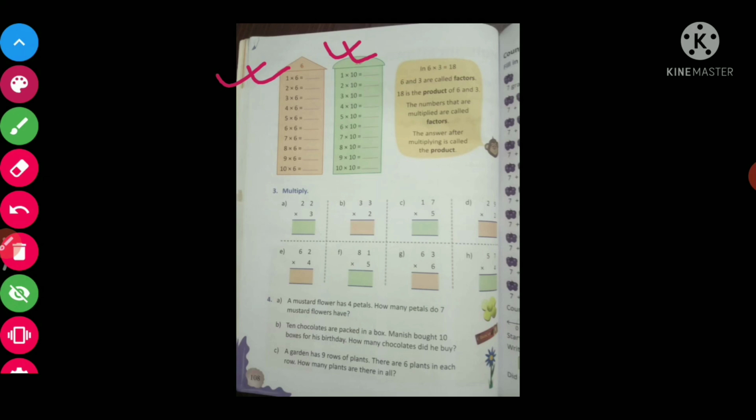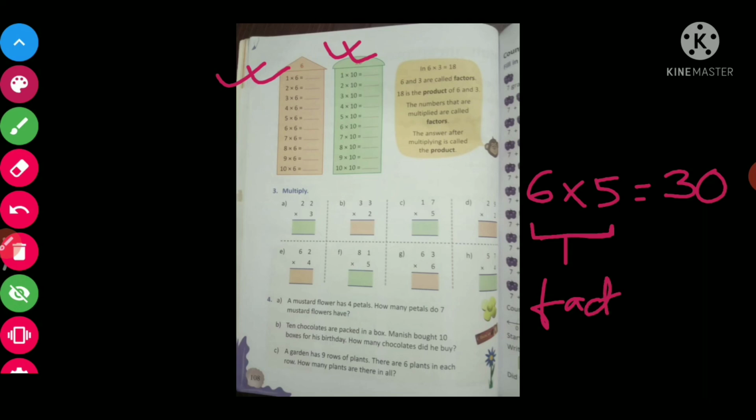Let me tell you about the factors and products. The numbers that we are multiplying are called factors. Suppose 6 fives are 30. These numbers are called factors: 6 and 5 are the factors.